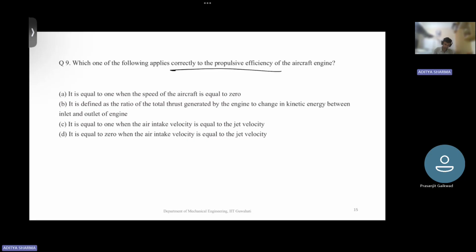So this is about propulsive efficiency of an aircraft engine. Please read the following options and try to answer this.